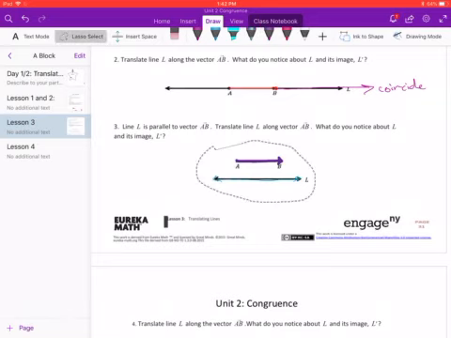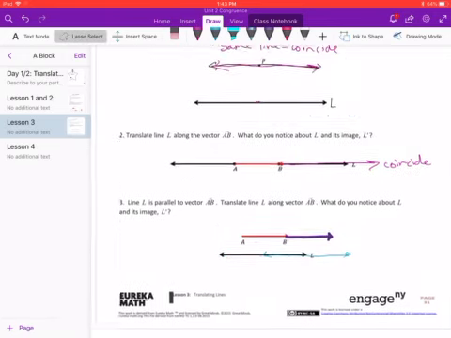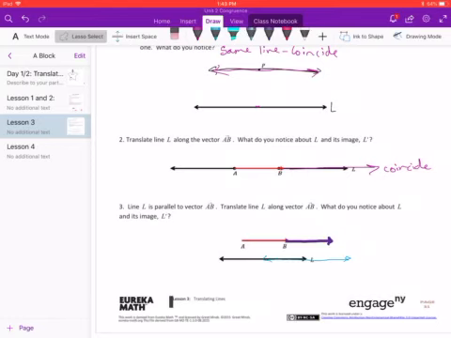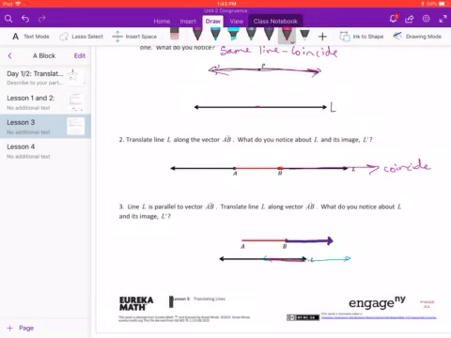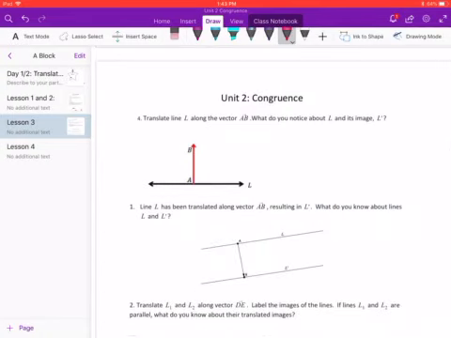And now I'm going to move mine along AB. If I move it that way, oh, where'd you go? There it is. If I translate it along the vector, it becomes the same line, or they coincide. They're together. So hopefully you're saying that if I'm moving along the line along a vector, those lines will coincide.